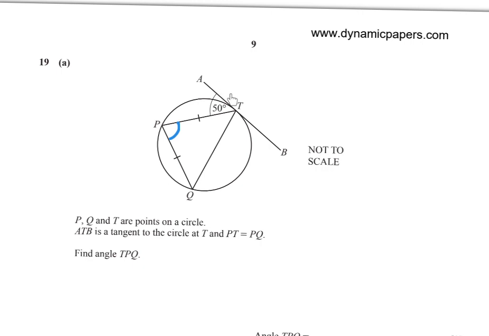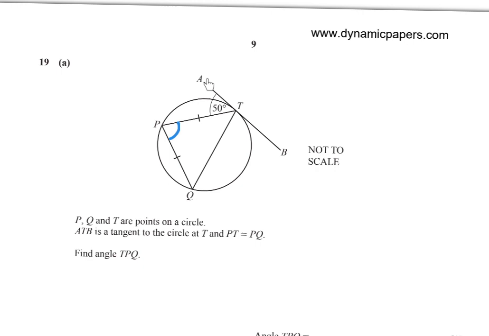We have a tangent and a chord. The angle between the tangent and the chord is called the angle of tangency. This angle of tangency subtends this arc. Any circumference angle that subtends this arc is equal, so this angle is 50. This is called the alternate segment theorem.